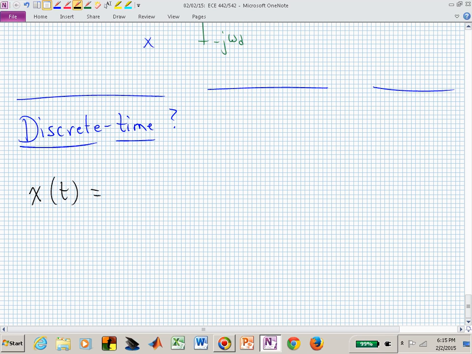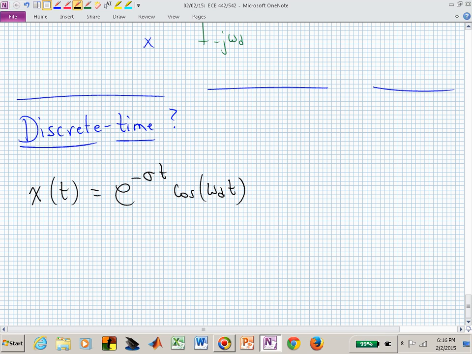Let's now start with x of t. We now want to write this as complex exponentials, which means we need to go get Euler and wake him up, right?